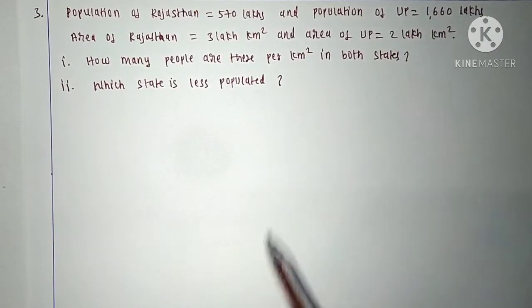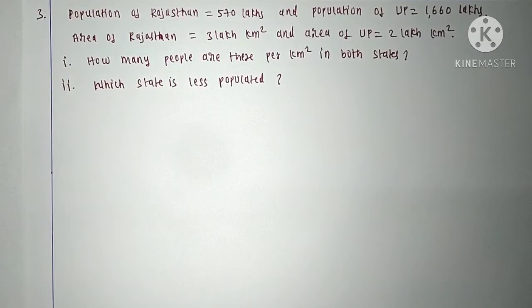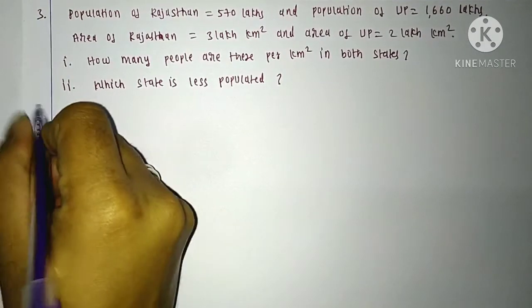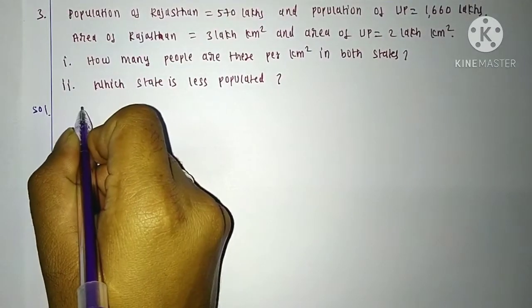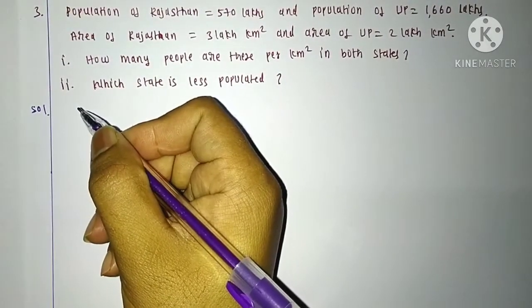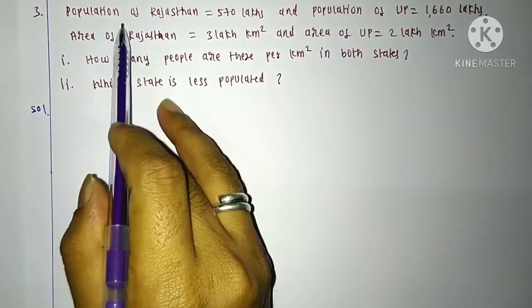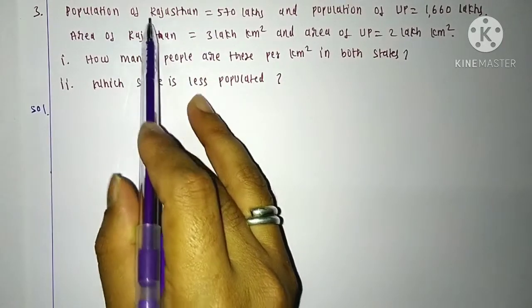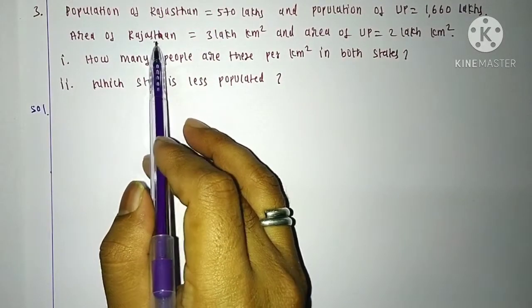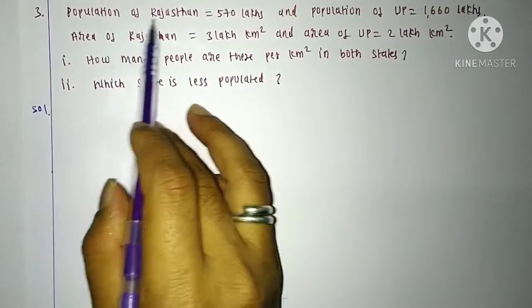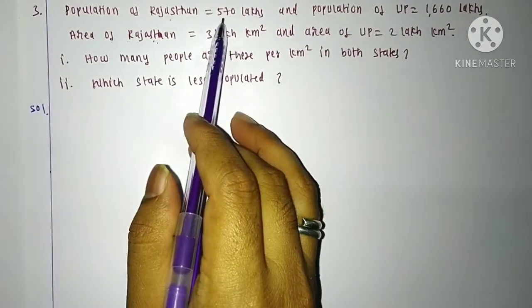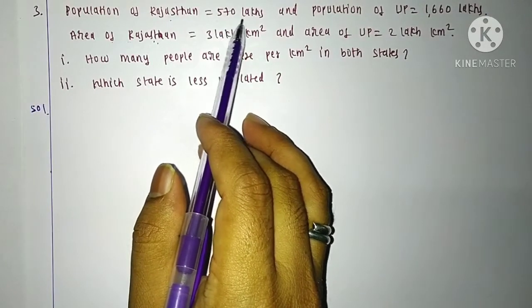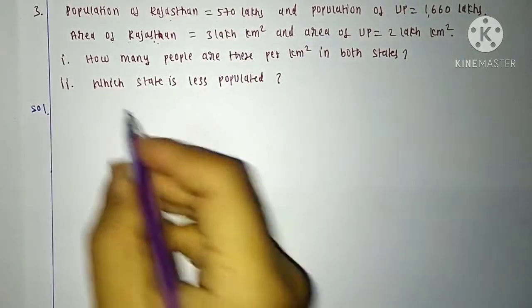Now let us see how to solve this problem. Now see here what they have given. By combining this and this and this, we will combine both the information and see what we are going to get. See here, they have given that the population of Rajasthan in 3 lakh kilometer square area is nothing but 570 lakhs. So let us write the same thing here.